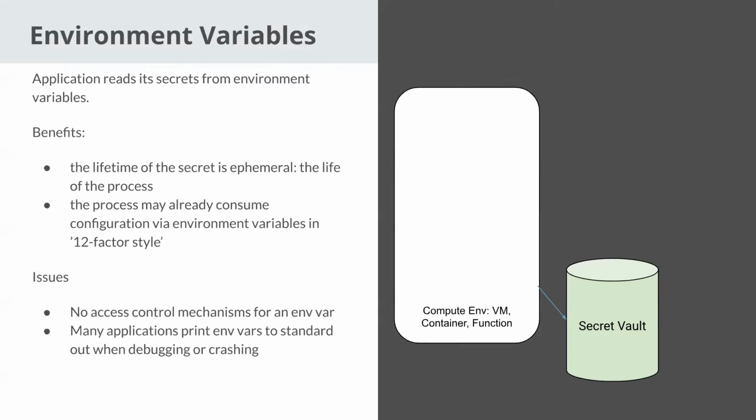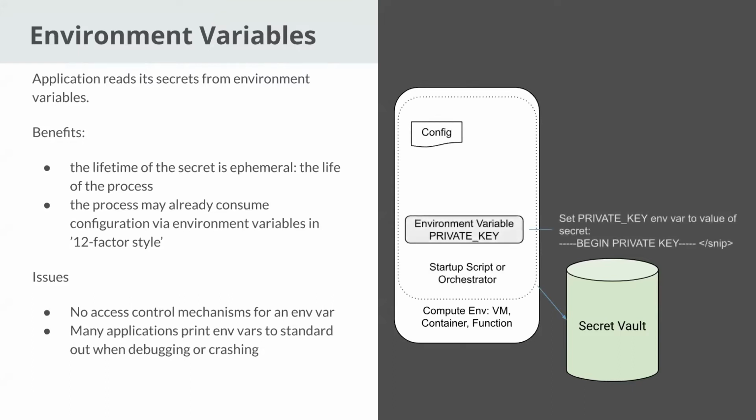At minimum it may determine what environment it's running in, and what configuration file to read, even via a node env environment variable. The issues with this pattern, I guess I had animations.